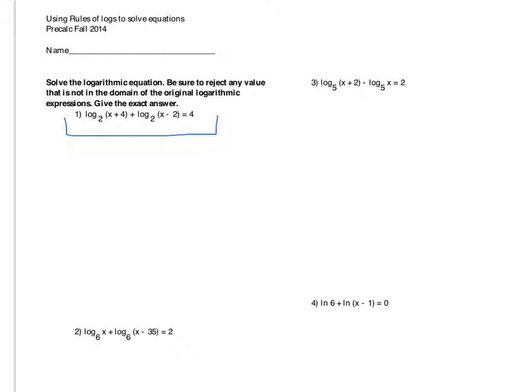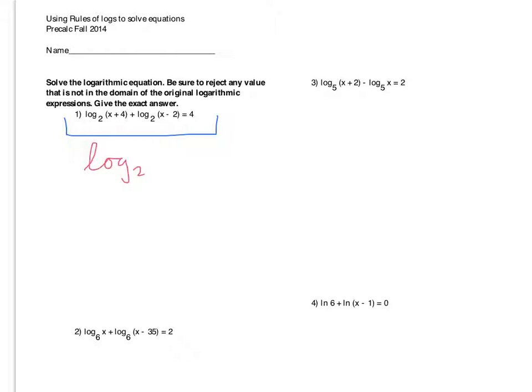Okay, so I have 2 logs that are the same base. And so I'm going to do the reverse of the product rule. I have 2 log statements with the same base separated by addition. I can combine those into one log statement.